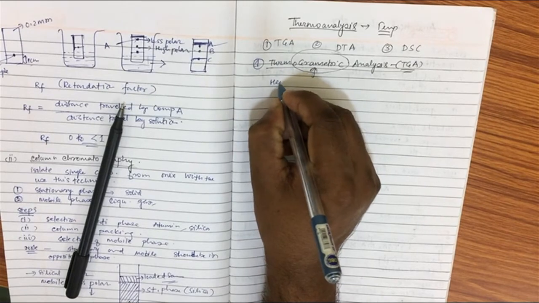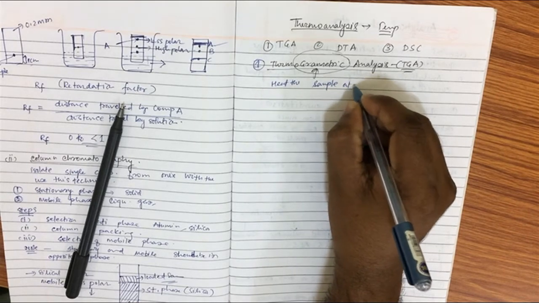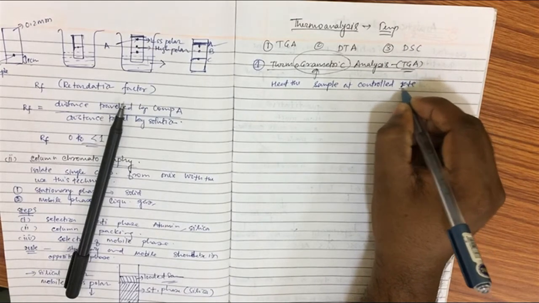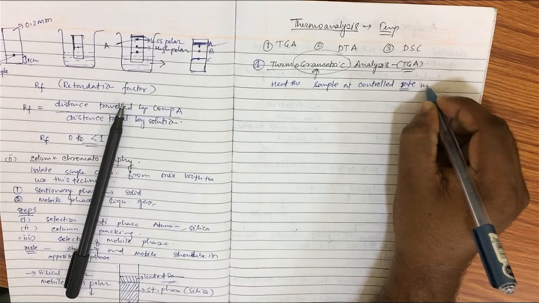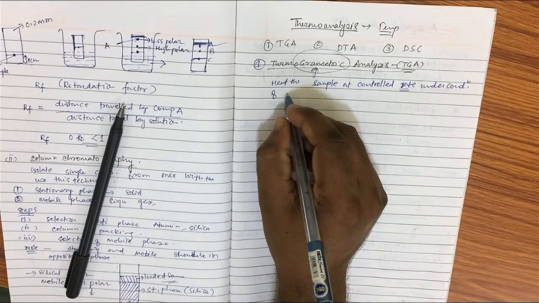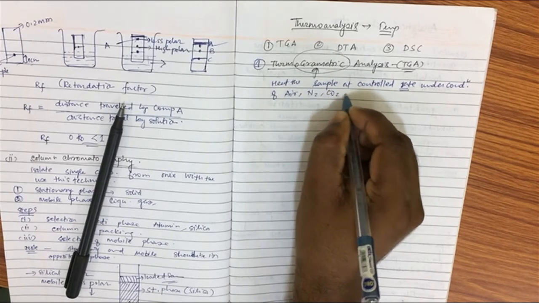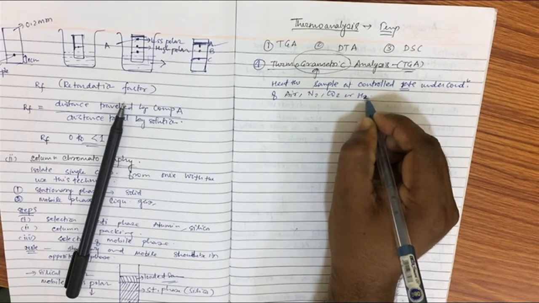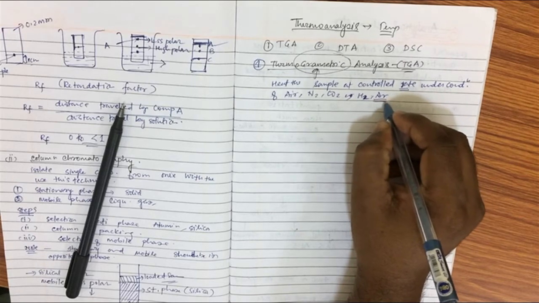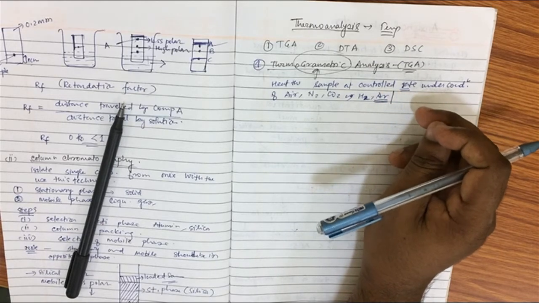When I heat the sample at a controlled rate, under air, nitrogen, carbon dioxide, helium, or argon, these are the atmospheric conditions in which you run this TGA technique.